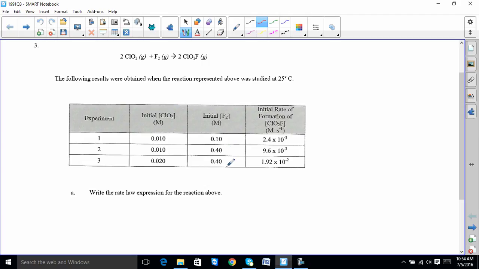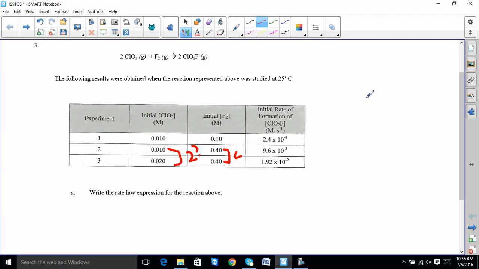You can see right here that in experiments 2 and 3, this is held constant and this is doubled. 0.020 divided by 0.010 is 2. This one's a little trickier, so you have to get out your calculator, and I always do the later trial divided by the earlier trial.